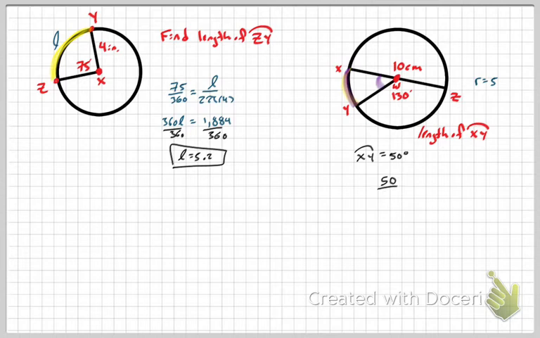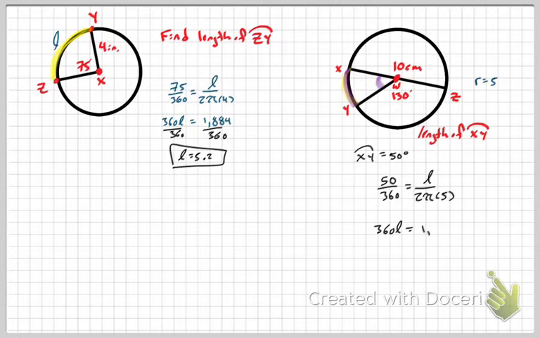Arc measure over 360 equals arc length over circumference, which is 2 pi 5, or you could have done pi times 10, pi times diameter. Up to you, right? Cross multiply, get 360L equals 50 times 2 times 3.14 times 5.